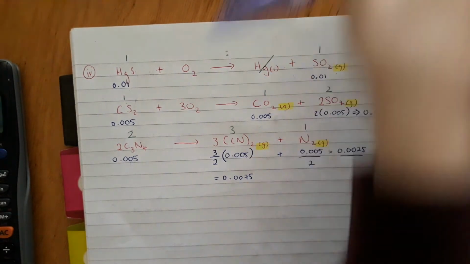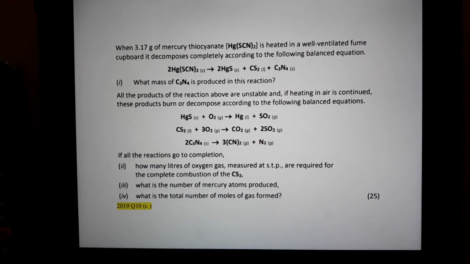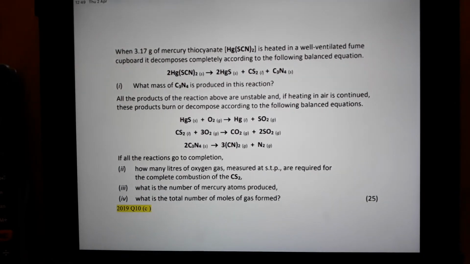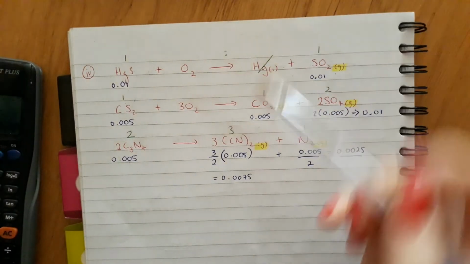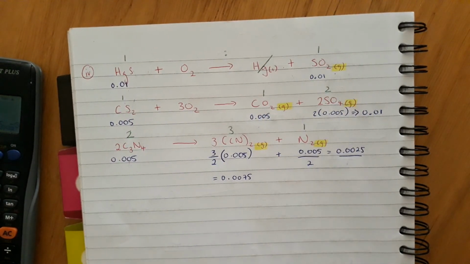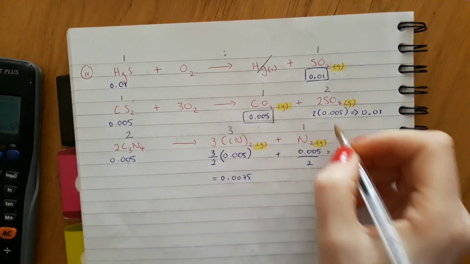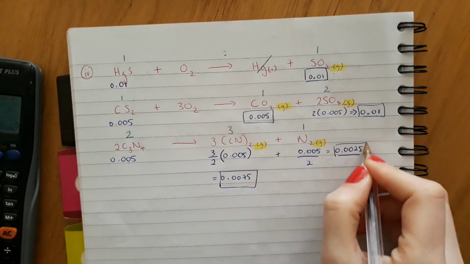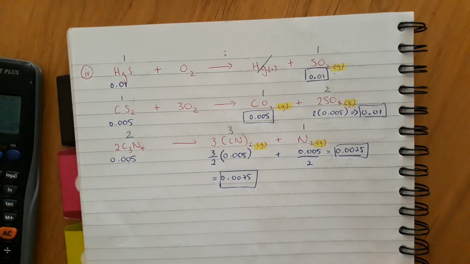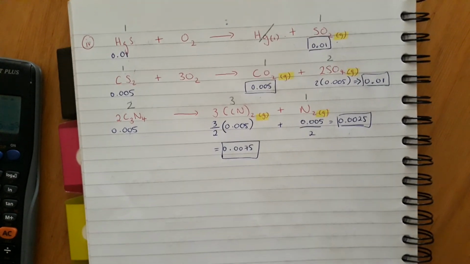Now, the question initially asked me, what is the total number of moles of gas formed? What you can see here is that I've worked out the molar quantities of each of the gases. So what I'm going to do is just literally add them together. So I have this quantity, plus this quantity, plus this, plus this, plus this. So that last question was actually not difficult, it was just really tedious to have to work out.